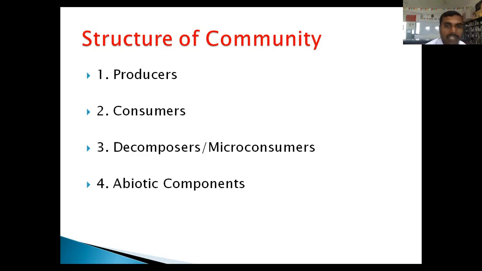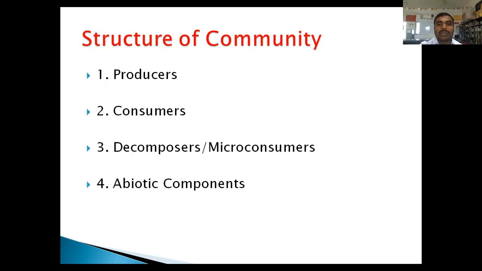Herbivorous animals ingest the plant material. Then this plant material is broken down into simple substances which are metabolized in the consumer's body, and the waste products of their metabolism are released into the environment.